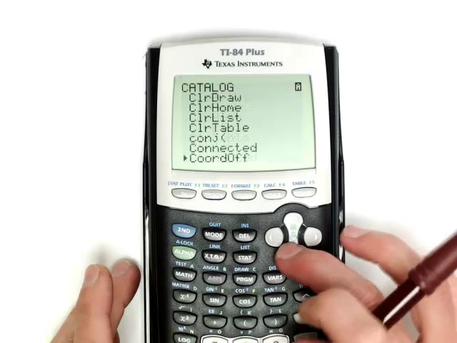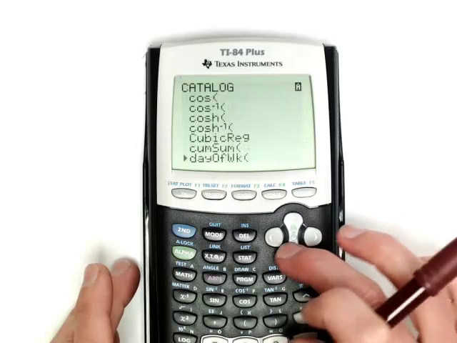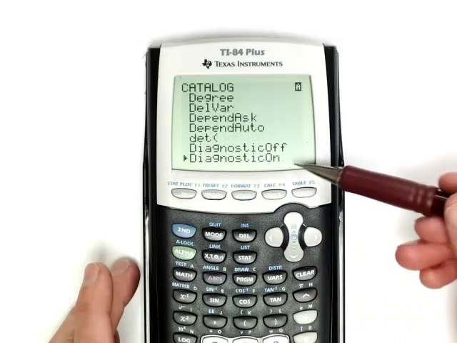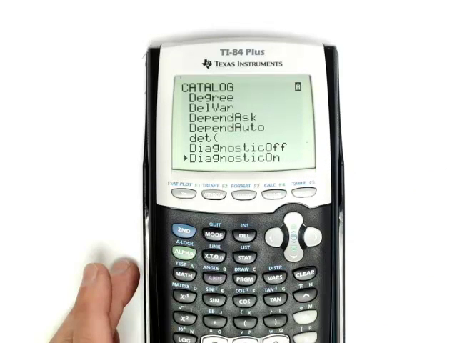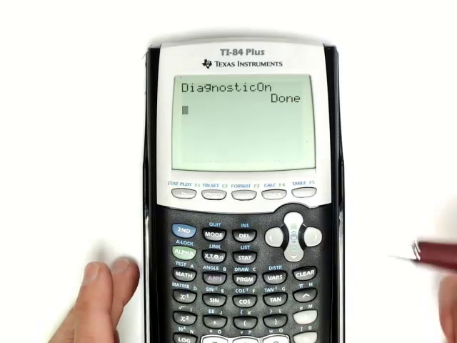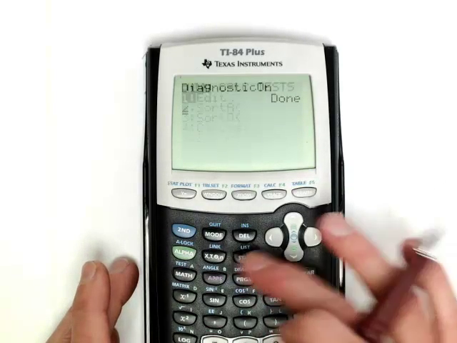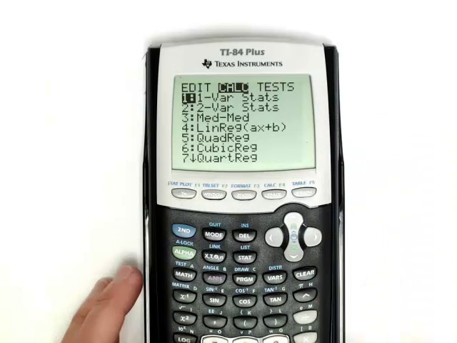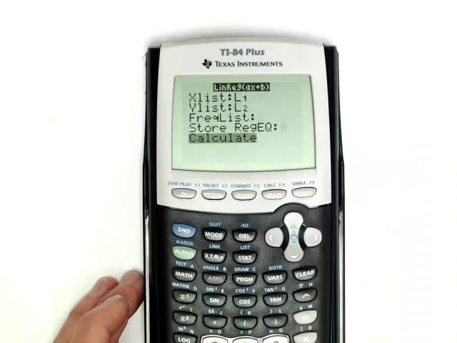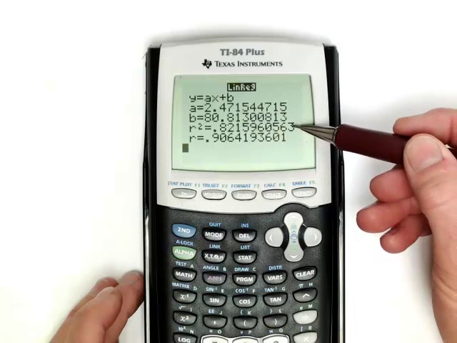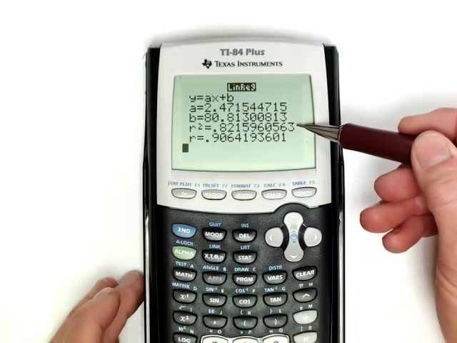Diagnostic On, so you want to turn that on and then press enter again. After you do that step, when you go back to your linear regression ax plus b, your output will include R and R squared, which is the coefficient of determination.